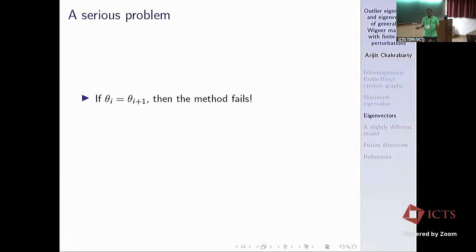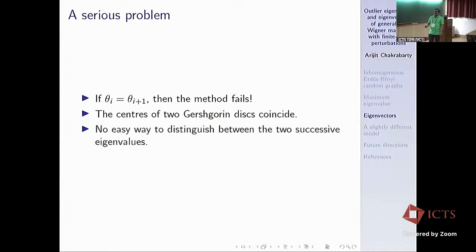So this works only when you have isolation of the eigenvalues. It works fine when theta i is separated from theta i minus 1 and theta i plus 1. The reason is that the centers of the two Gaussian disks coincide, and as of now, we don't know any way of distinguishing between the two successive eigenvalues.